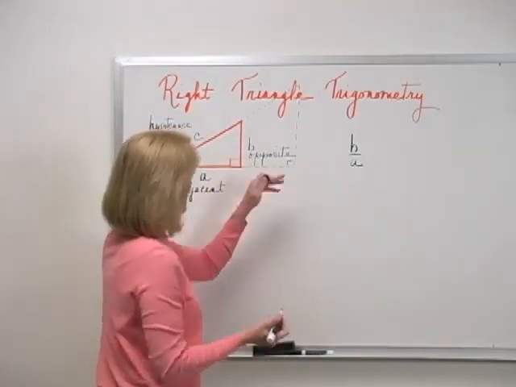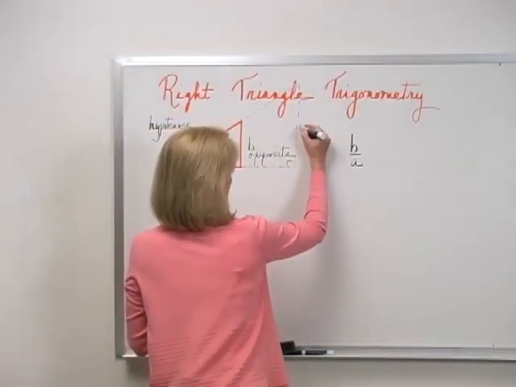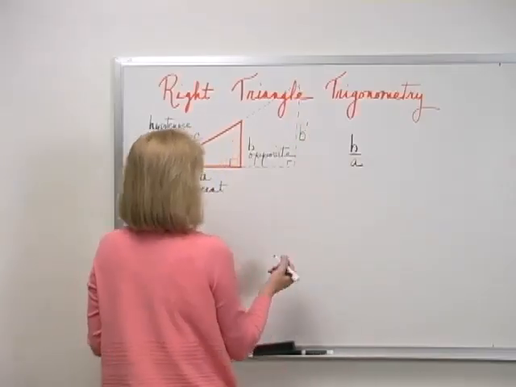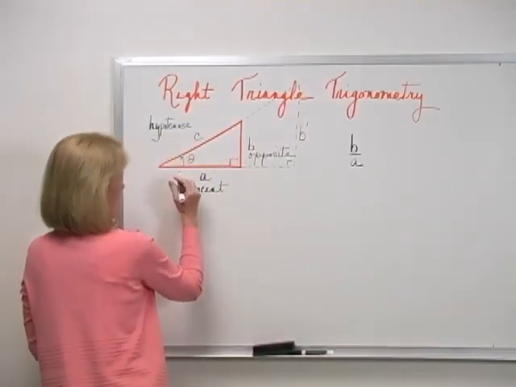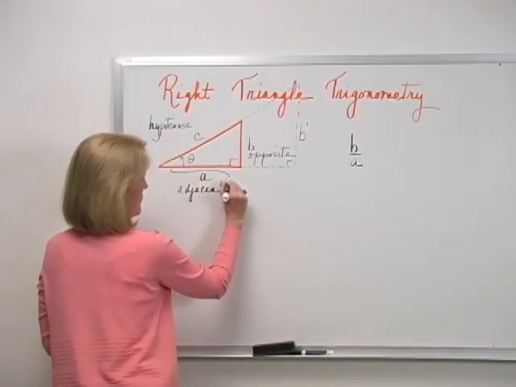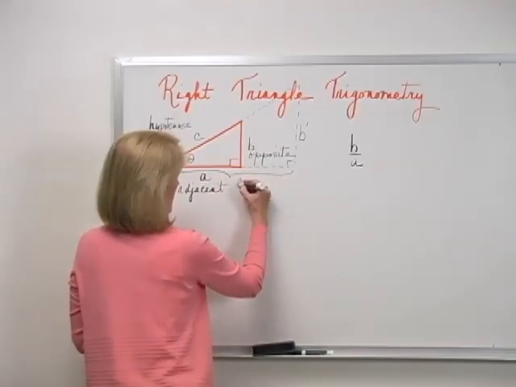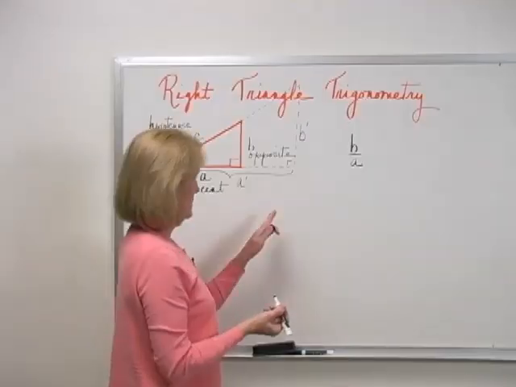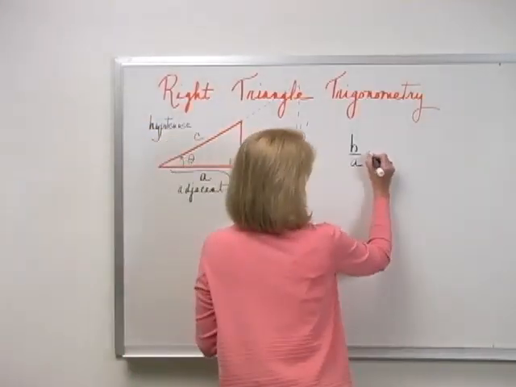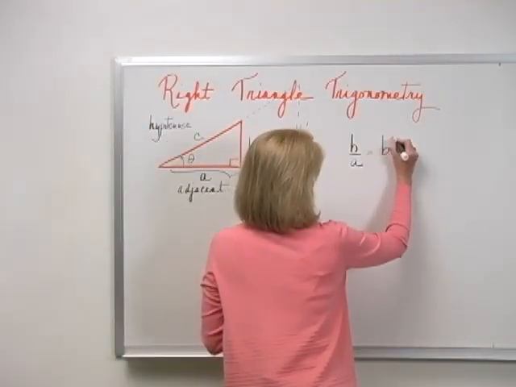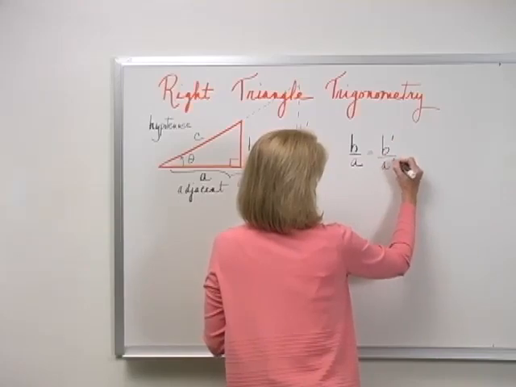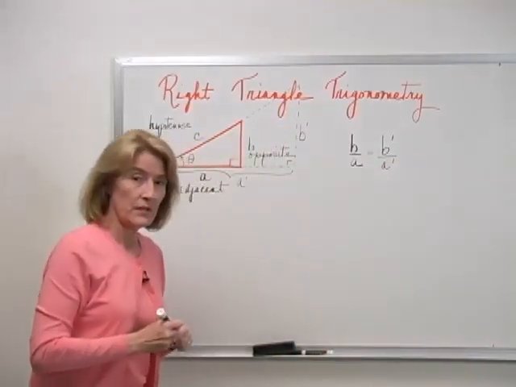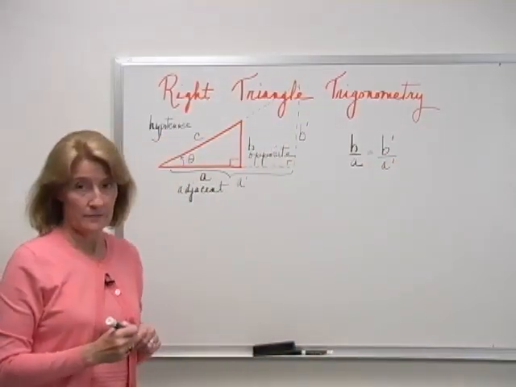We can call this side right here B prime, and then we call this new side here A prime. And here's the part that's really interesting. The ratio of B prime to A prime is the same as the ratio of B to A.